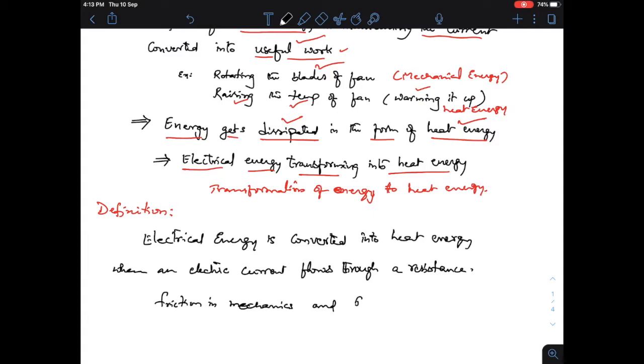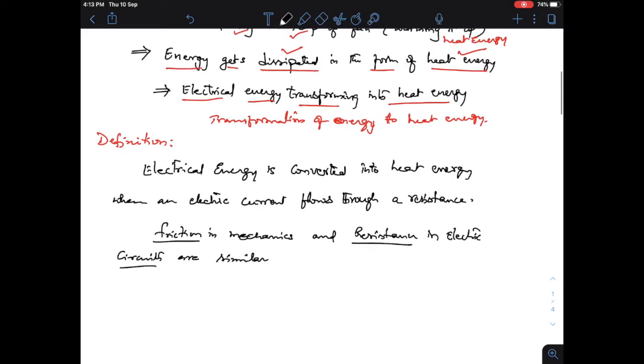So, resistance in electric circuits is similar to friction in mechanics. The roles of both of them are the same.